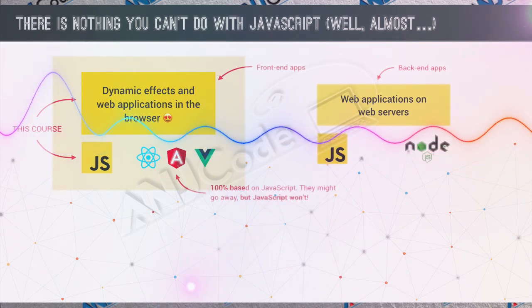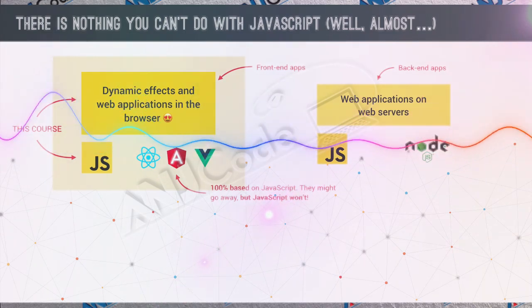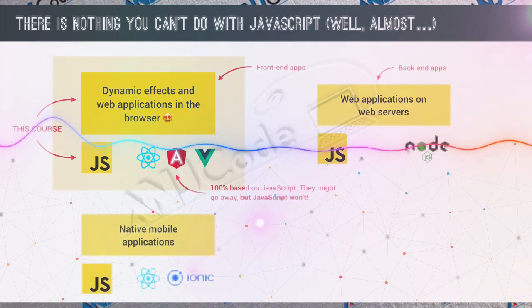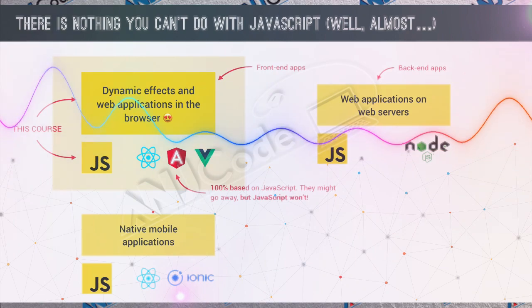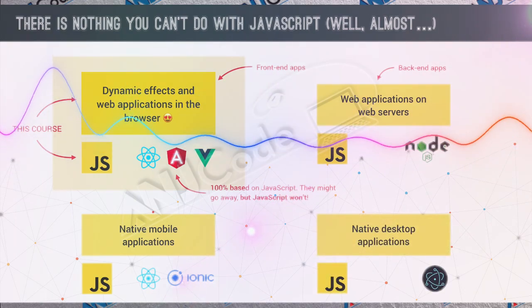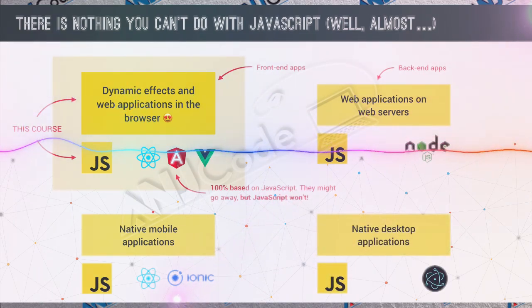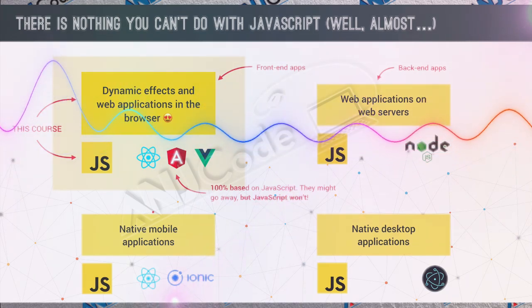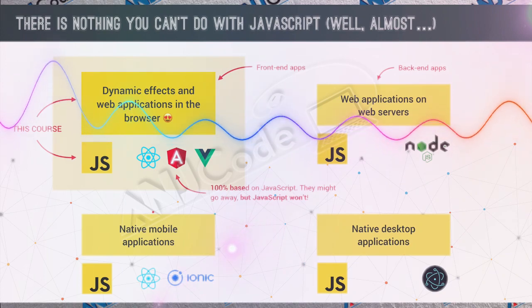All right. And now just to finish, I want to mention that we can actually also use JavaScript to build native mobile applications, as well as native desktop applications for any phone and computer operating system out there. That's because of modern tools like React Native, the Ionic framework, and tools like Electron.